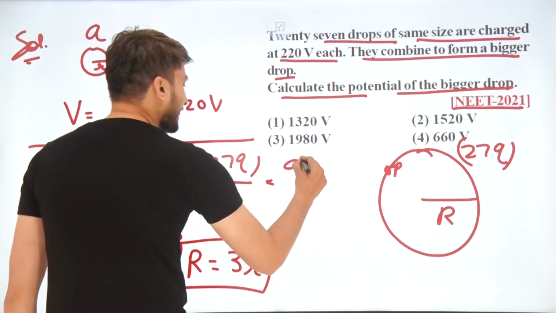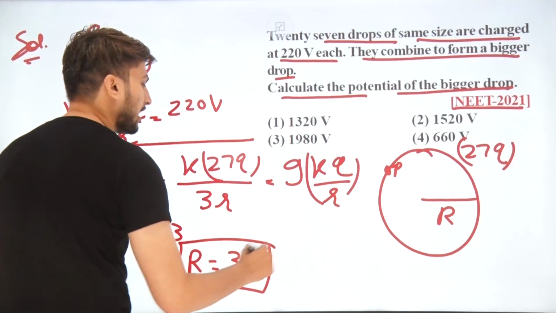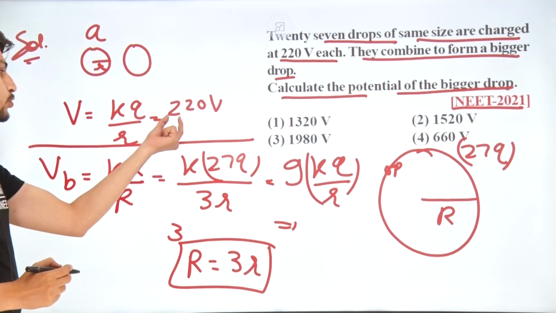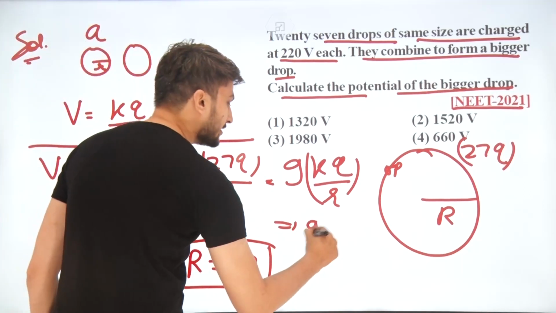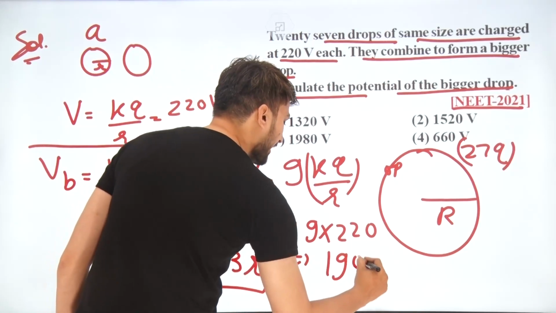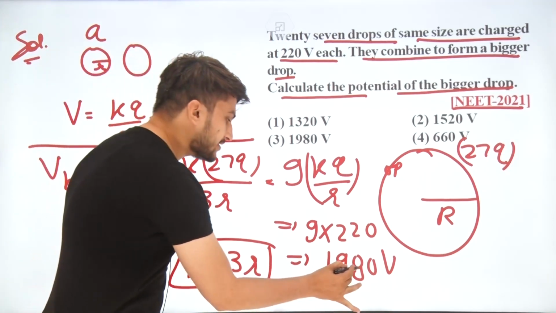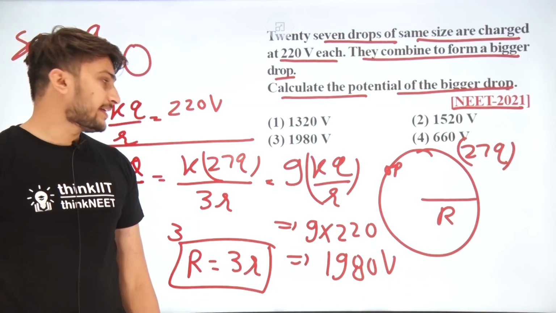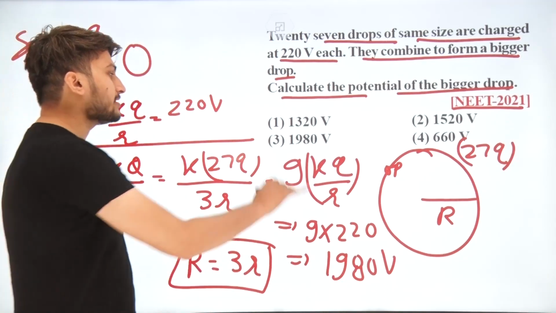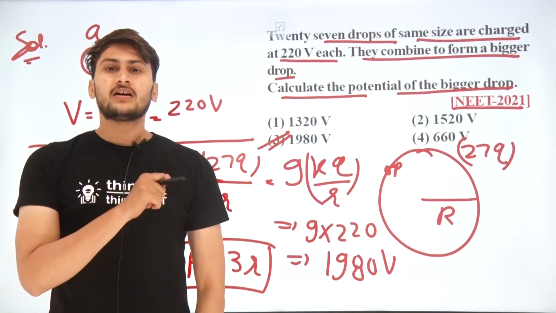So this is 9kq by r. And the value of kq by r is 220, so this is 9 multiplied by 220, which comes to 1980 volt. So the answer is option number 3, 1980 volt, which is the correct answer for this question.